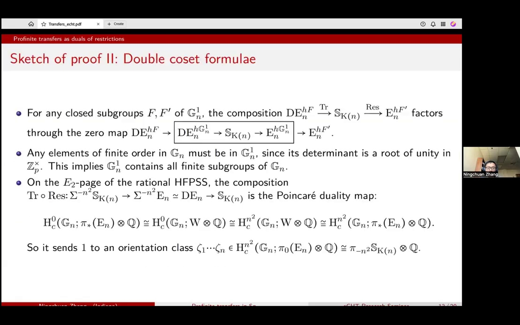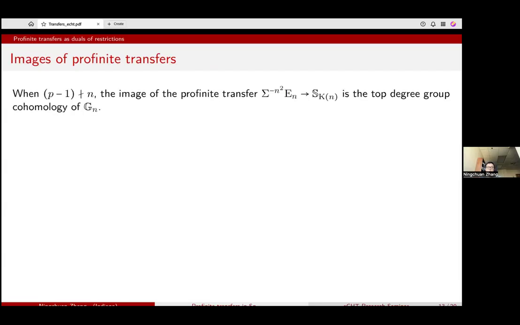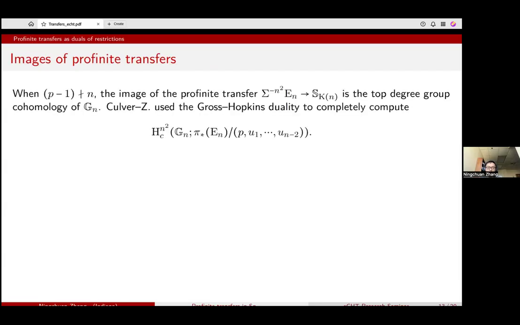Okay, so we have identified the image of the transfer, when the prime is large enough, as the top filtration in the homotopy fixed point spectral sequence. So you may ask, how much has that been computed? Well, Dominic Culver and I used Gross-Hopkins duality to compute not the group cohomology itself, but we modded out by some pretty large ideal.